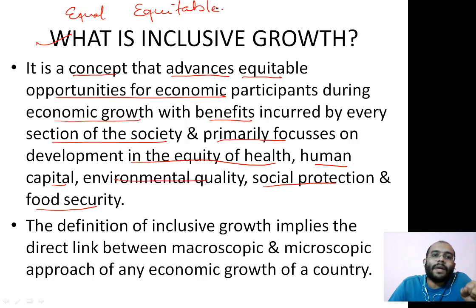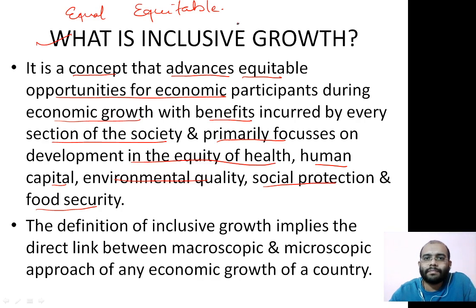But equitable means it takes into consideration those people who are mostly deprived of the mainstream benefits, and they would be given more of a push than those who are currently running the mainstream politics or the mainstream national economic activities. This is the difference between equal and equitable.